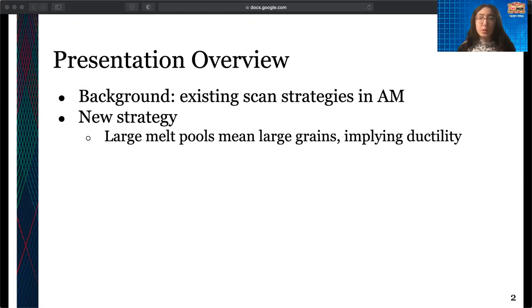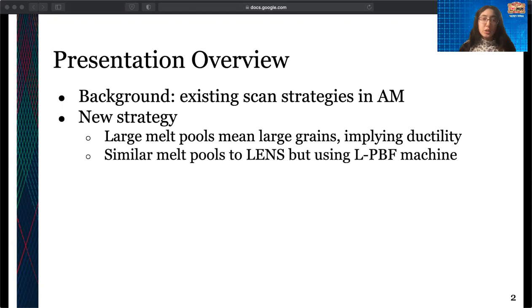These large melt pools are going to result in larger grains, and larger grains are going to result in higher ductility in built parts. In addition, these very large melt pools are similar to the LENS process, but can be built using a laser powder bed fusion machine, meaning that you can mimic those build parameters and get a much wider variety of results from a laser powder bed fusion machine.